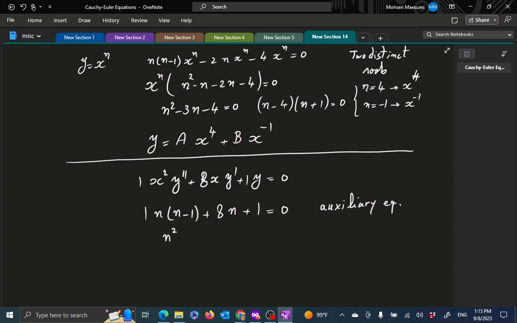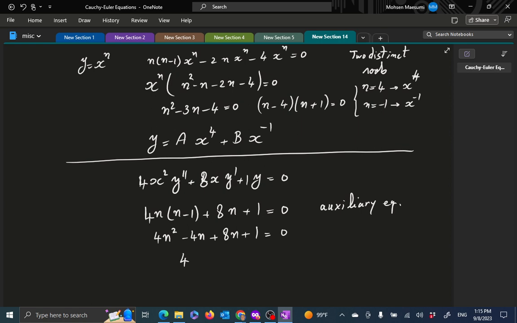So I have n squared. I have a typo here, so excuse me, 4x squared. So let me just put 4n squared. So I have 4n squared minus 4n plus 8n plus 1 is equal to 0.